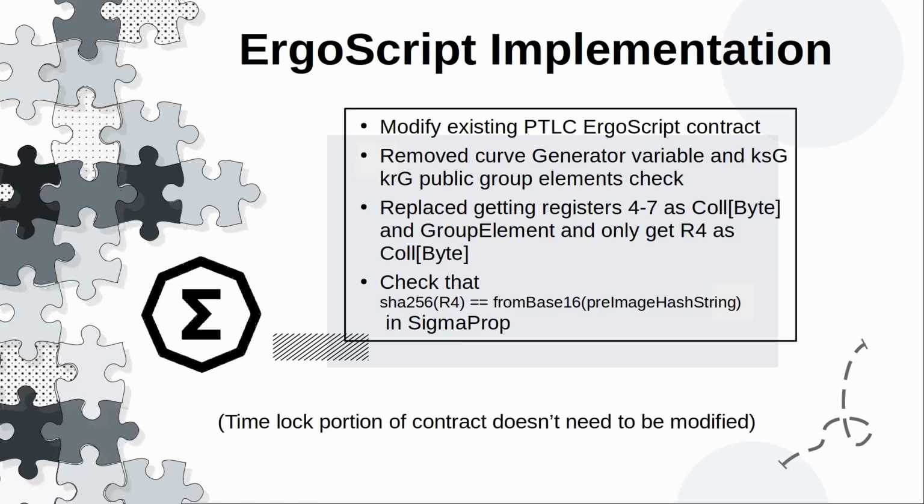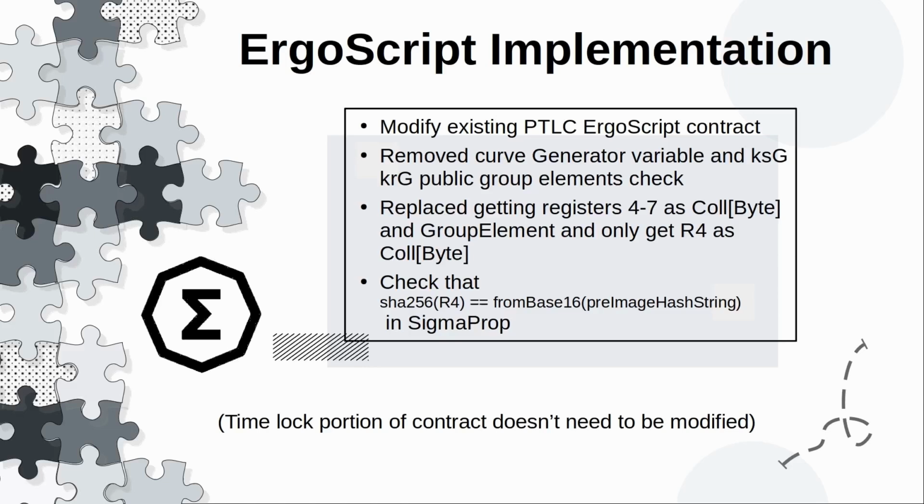We have to replace getting the registers 4 through 7 because we only need register 4, and we'll get it as a collection of bytes. And in the sigma prop at the end, we just have to check that the SHA-256 of register 4 is equal to the from base 16 of the preimage hash string.